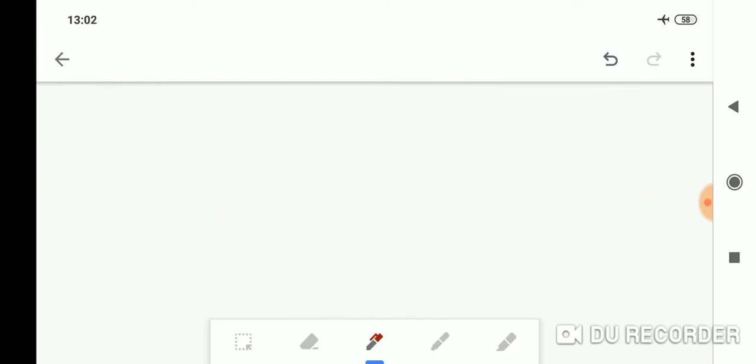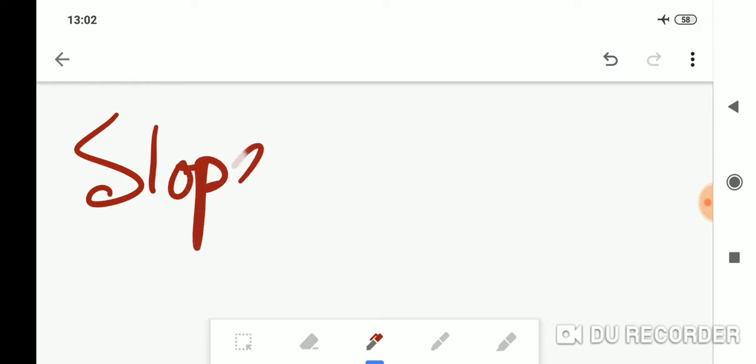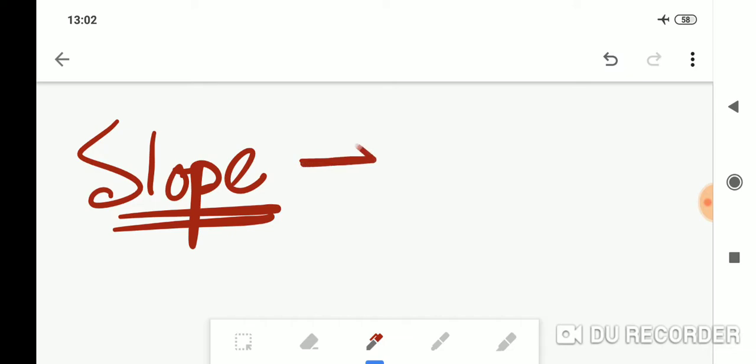But before it, we have to understand what slope is.